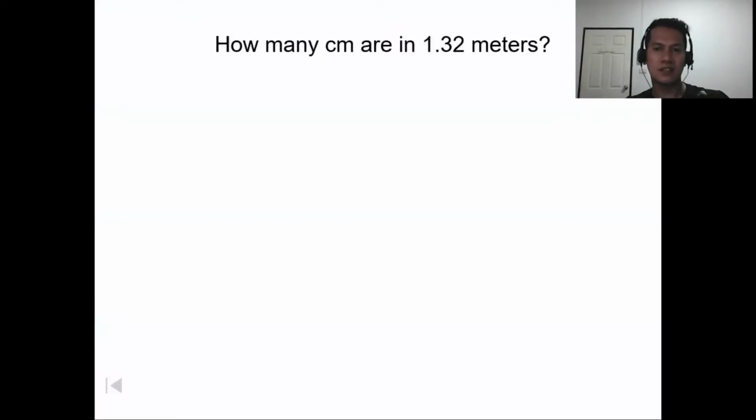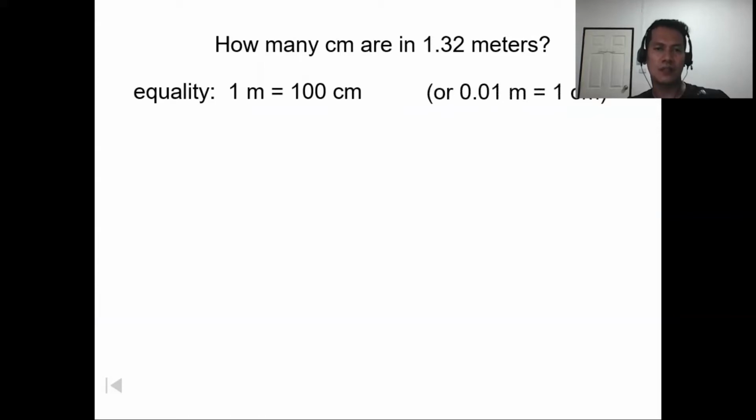Now let's take a look at some more examples. For this example, we are going to convert centimeters into meters. Again, go back to your conversion table. Your conversion table says 1 meter equals 100 centimeters, or 0.01 meter equals 1 centimeter.